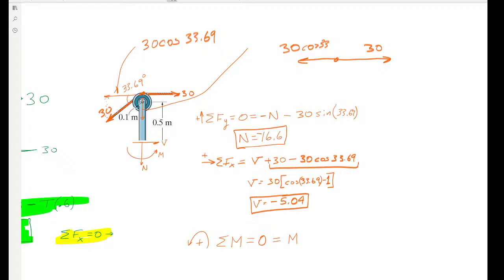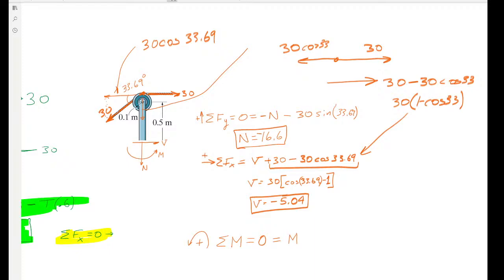So the total force going to the right would be 30 minus 30 cosine of 33, or 30 times 1 minus cosine of that 33, which looks familiar because it sat right there.